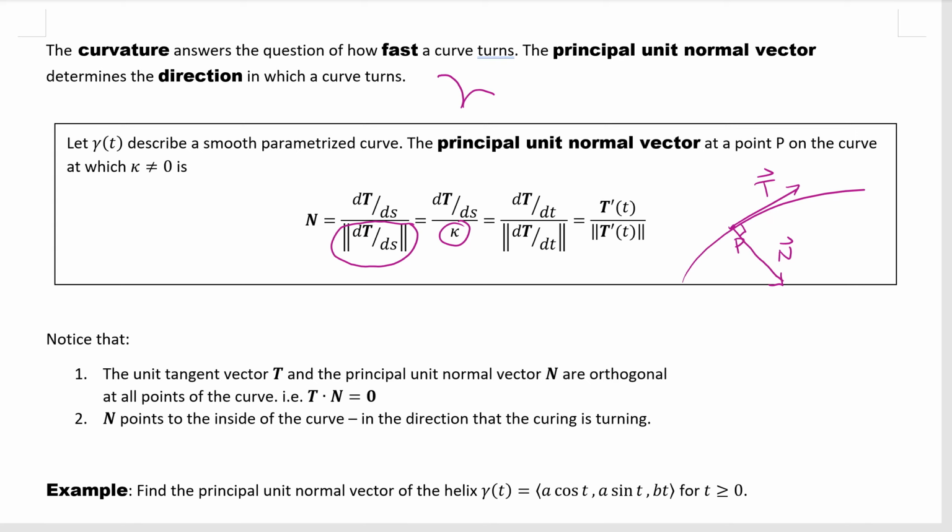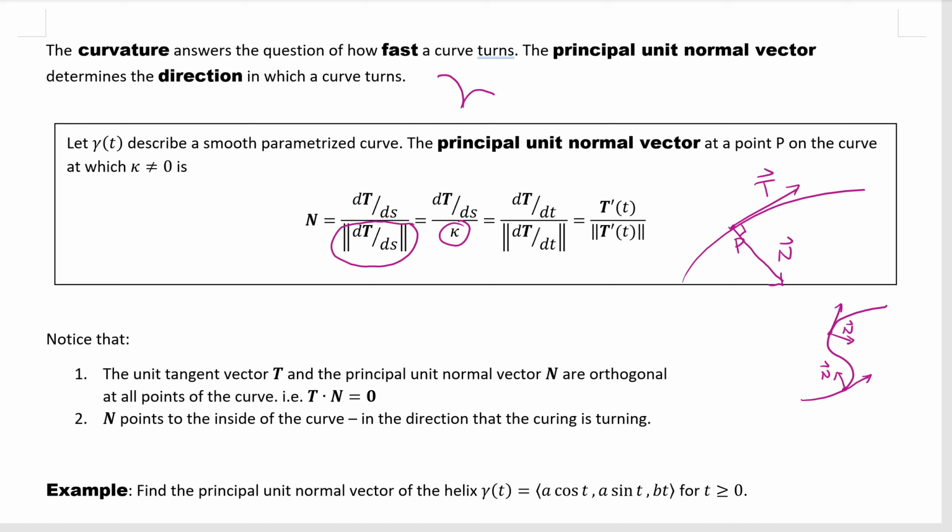You can see this point is turning to the right. Or if we have a curve that looks like this, at this point it is turning to the left, so the N is right here. At this point it is turning to the right, so the N is right here. So far so good, everybody?